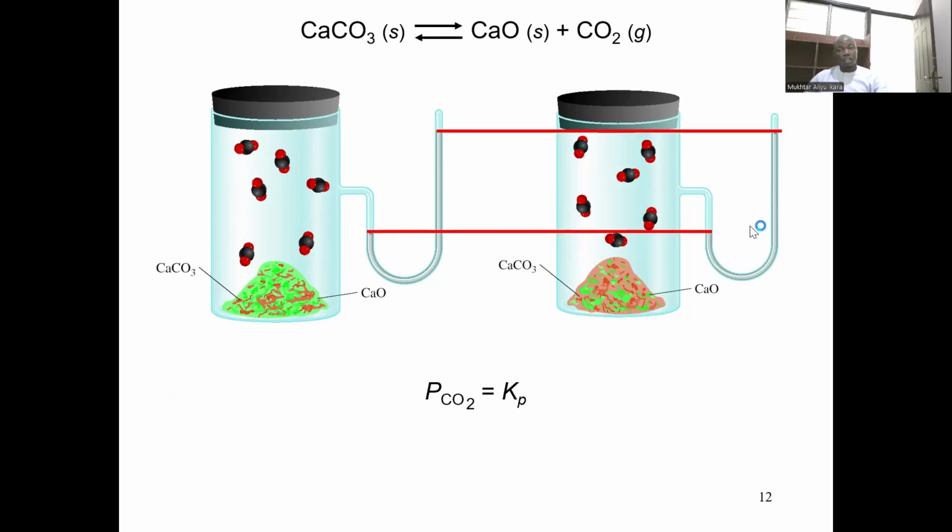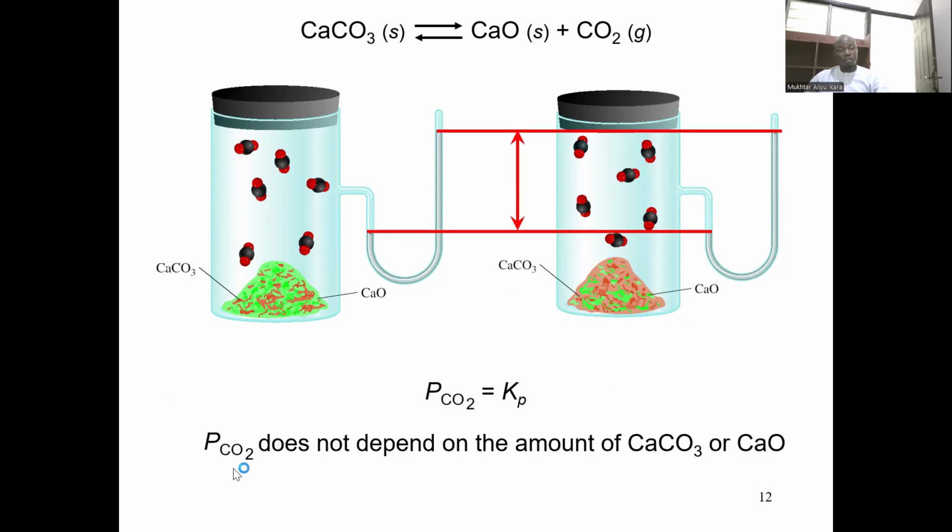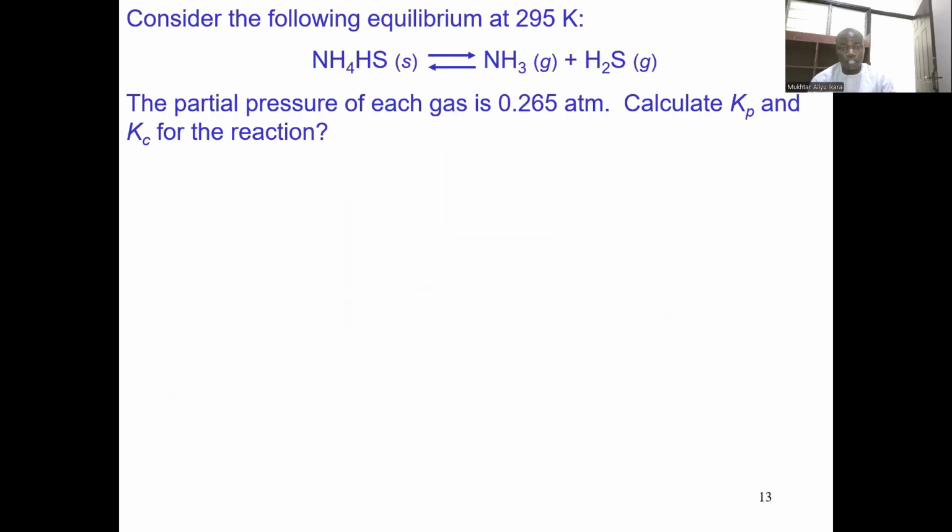We are only considering the gas that is evolving, which is carbon dioxide. But it should be in a closed system. The equilibrium does not depend on the amount of calcium carbonate or calcium oxide. We should know that it doesn't depend on either of the two.